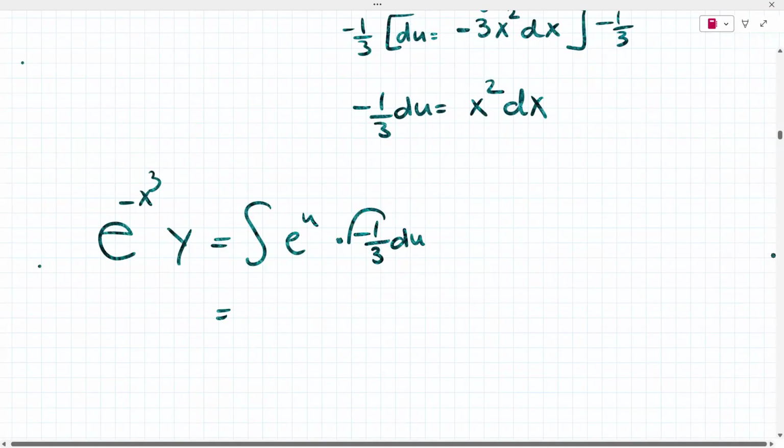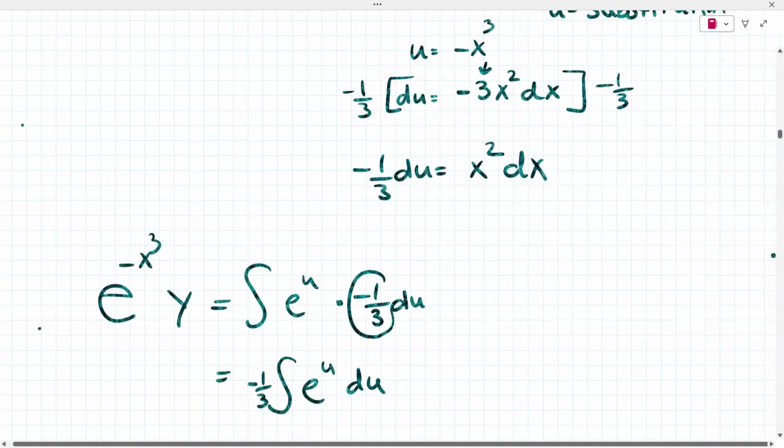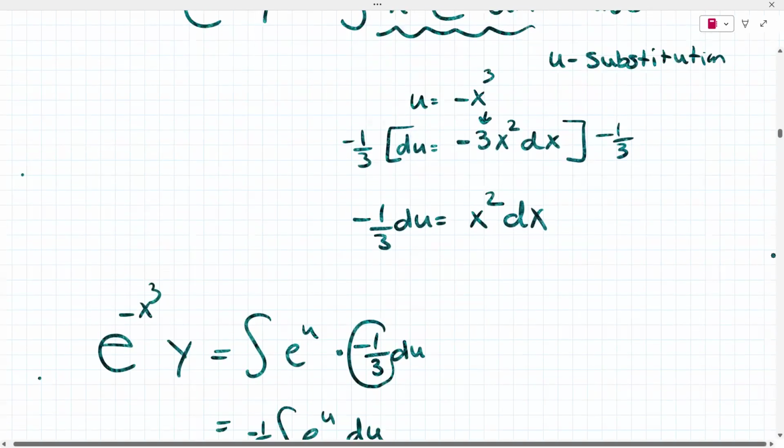So this is a constant, so put it in front of the integration. U is what? Negative x cubed.